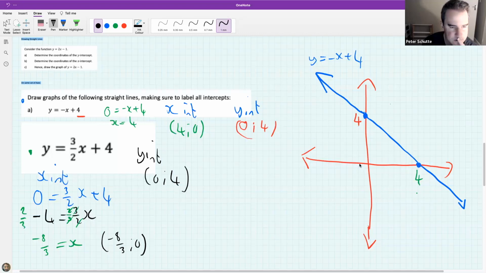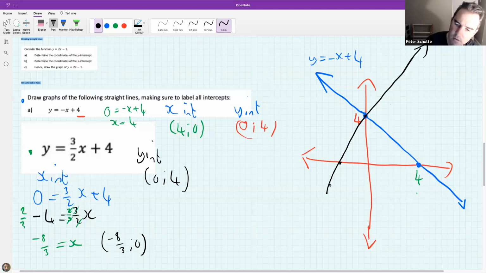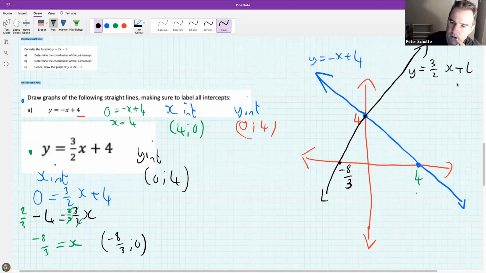So what do we have? We've got a 4. And then a minus 8/3, which is probably going to be like around here somewhere. And this function. And that is that.